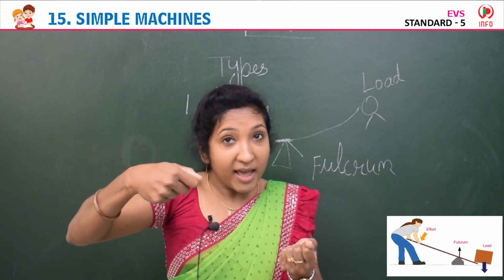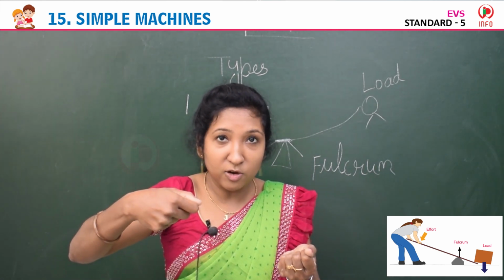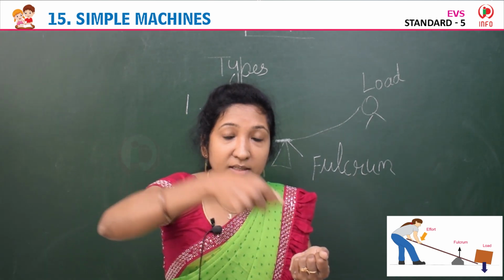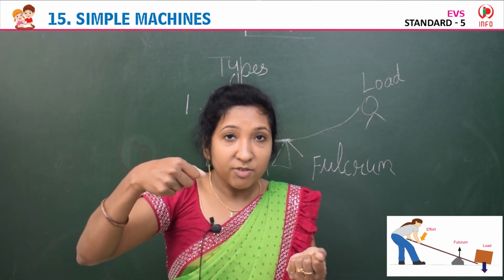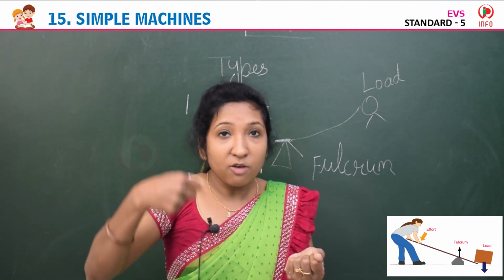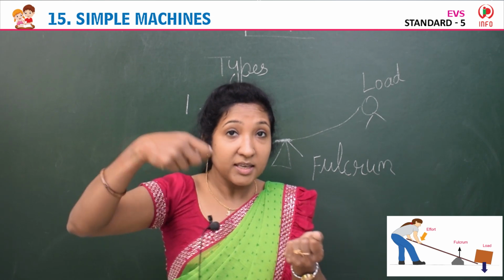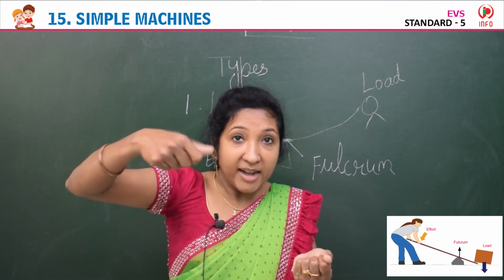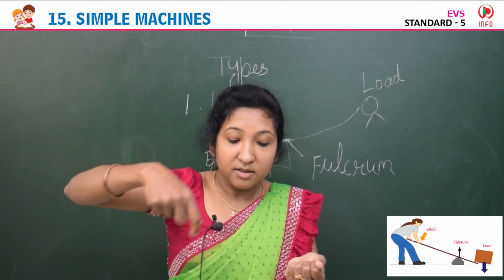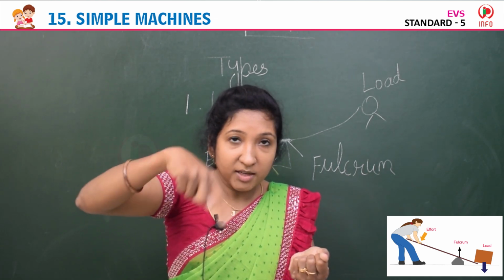So here the spoon acts like a simple machine, because the spoon is making your work easier. You are not able to open the lid of the tin with your hand, right? So you took the help of the spoon. Spoon made your work easier, isn't it? The spoon's face touches the lid, opening that lid.